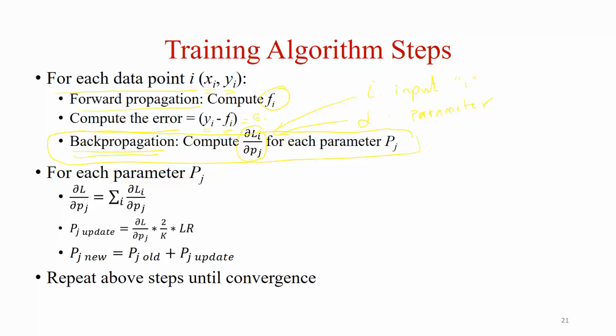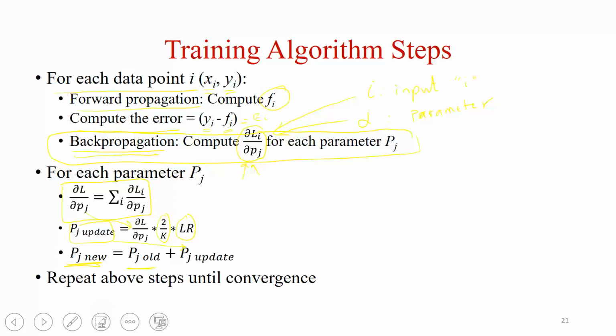Suppose I have two inputs, and every input gives me a different value here. I sum them up to find delta L over delta P for each parameter, and then I do the update. I multiply this by 2k and by the learning rate to get the update value. So the new value of the parameter equals the old value plus the update.